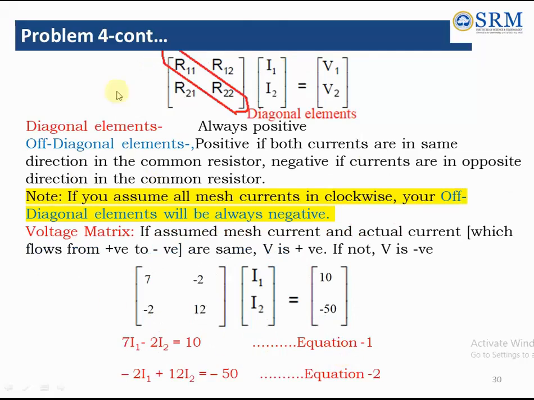Now we are going to find the elements of the resistance matrix. The diagonal elements are always positive, and the off-diagonal elements are positive if both the currents are in the same direction in the common resistor that we consider.